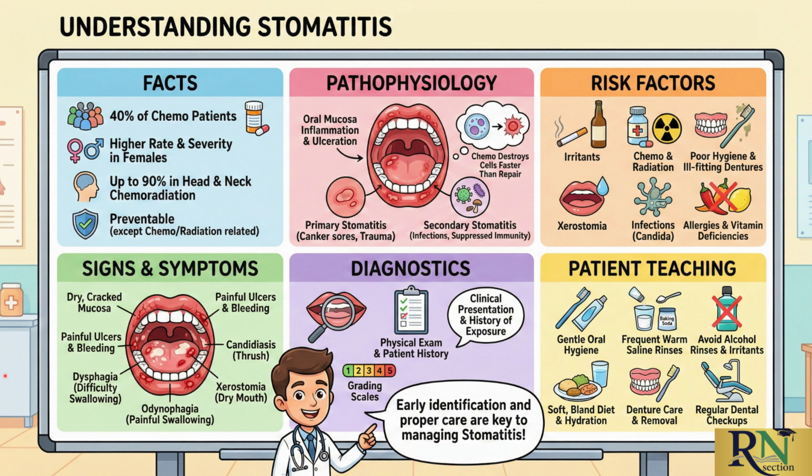And then we have here the signs and symptoms. Dry, red, swollen, and cracked oral mucosa, mouth ulcers including recurrent canker sores, open bleeding mouth sores, pain which can lead to dysphagia or painful swallowing.